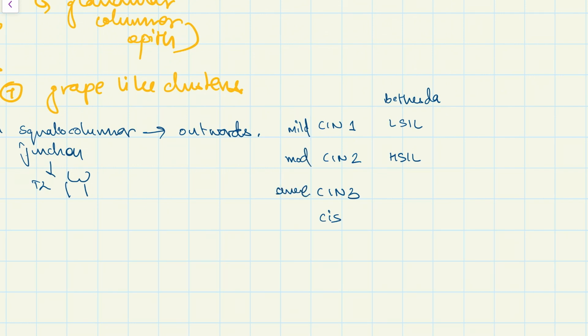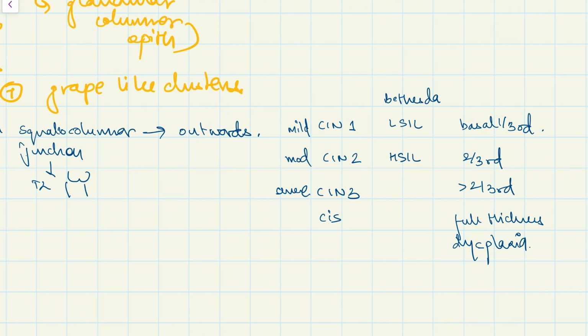What it means is that there is involvement of the basal 1/3 of the epithelium. Here in CIN 2 it is around 2/3, in CIN 3 it is more than 2/3, while carcinoma in situ is full thickness dysplasia.